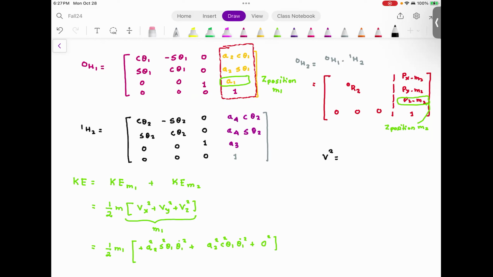V is a vector, so V square means V dot V, which for a vector means V transpose V, which is Vx, Vy, Vz dotted with Vx, Vy, Vz, which is nothing but Vx square plus Vy square plus Vz square.